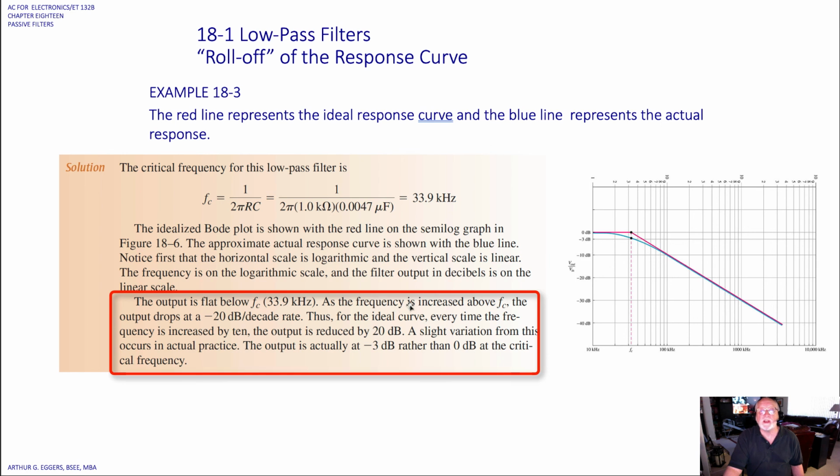As the frequency increases above the critical frequency, the output drops at a rate of minus 20 dB per decade. Thus, for the ideal curve, every time the frequency is increased by 10, the output is reduced by 20 dB. A slight variation from this occurs in actual practice, where the output is actually at minus 3 dB rather than 0 dB at the critical frequency.